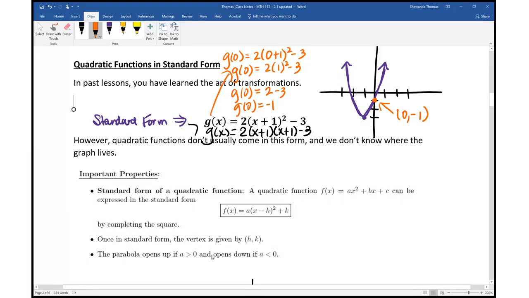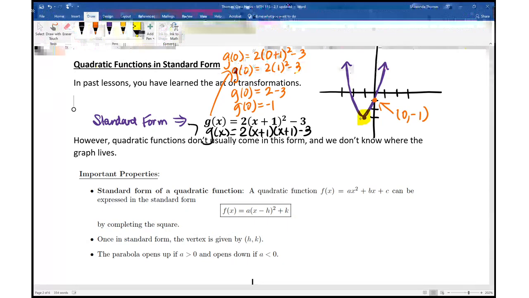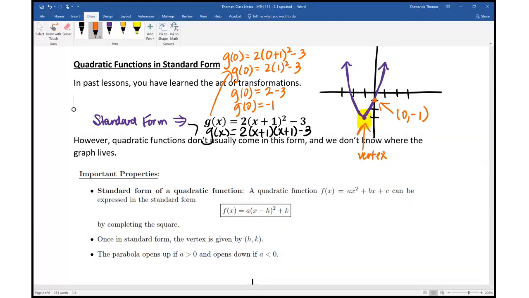Now, once in standard form, we can find out what the vertex is. So this is an example of the vertex right here. Now, what was the vertex here? So again, (h, k). What is h? It's opposite of what you see here. Keep what you see here. So what is our vertex here?